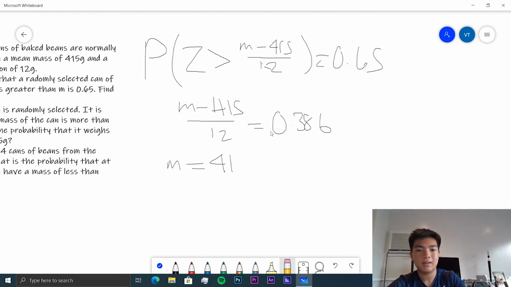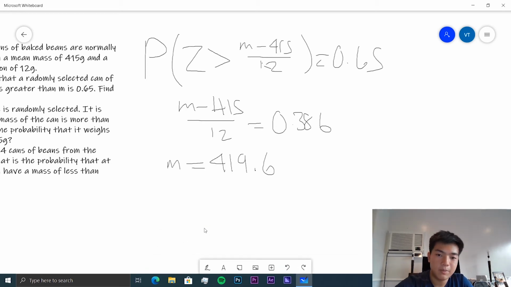Let's put that back. As you can see, we calculated 419.6, but actually we need to swap these two around. This should be 415 minus m, really, because we know that the probability will be greater than the mean.